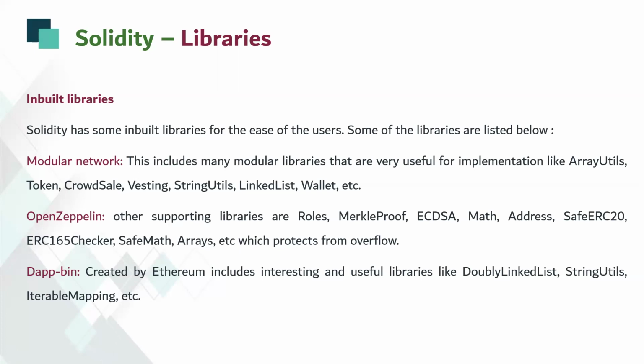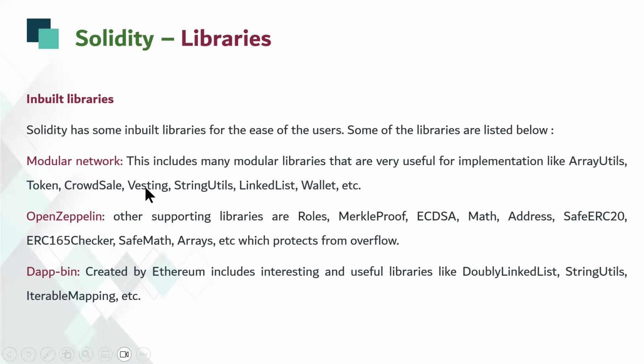These libraries include array utils, token vesting, string utils, linked list, wallet, and more. These libraries provide ready-to-use functionality for common tasks such as array manipulation, token management, crowdsale contracts, vesting schedules, string manipulation, linked lists, and wallet management.